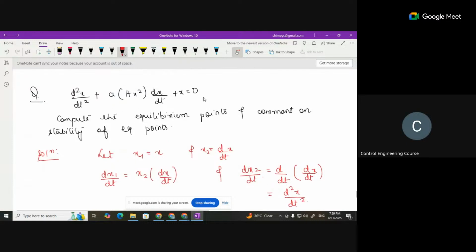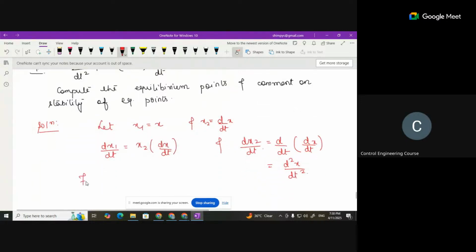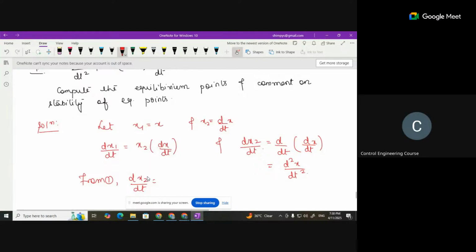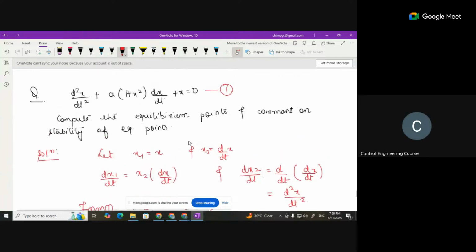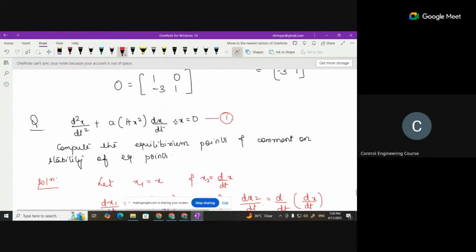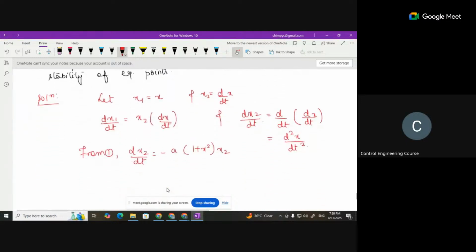So from this equation, can I write down dx2 by dt, that is d square x by dt square, as minus a 1 plus x square, and for dx by dt I'm writing x2, and this x as x1, correct?